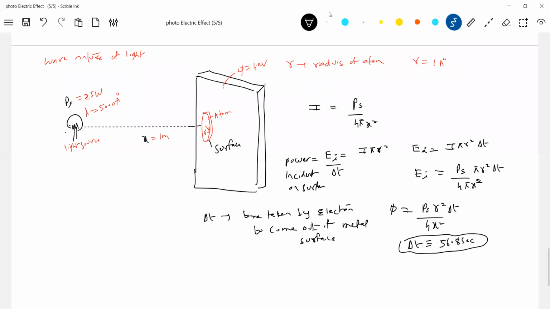That's what it's telling. But there is a time taken by the electron to come out of the metal surface. But practically, as we know, the photoelectric effect is instantaneous. It takes around 10 to the power of minus 8 seconds, or 18, I think.